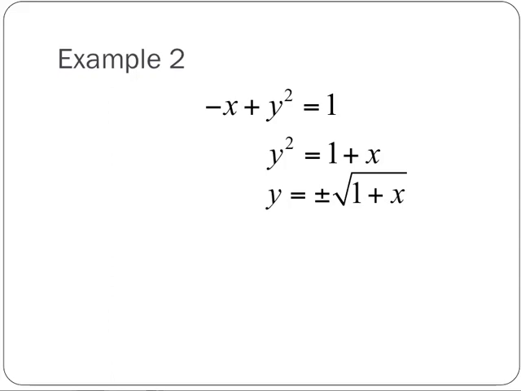Well, let's say I plug in x equals 3. Then I get the square root of 4, which is 2, but y will be equal to plus or minus 2. That means that when x equals 3, there are two different values for y, positive 2 and negative 2. So in this case, the y values are not unique, so we would say this is not a function.